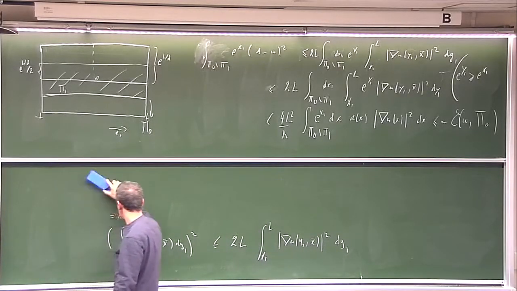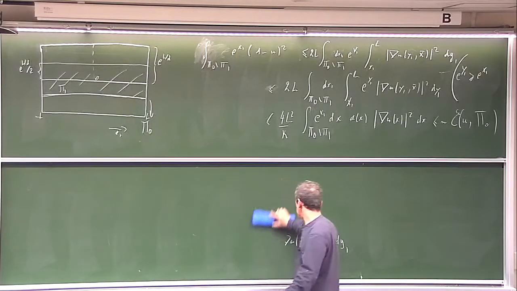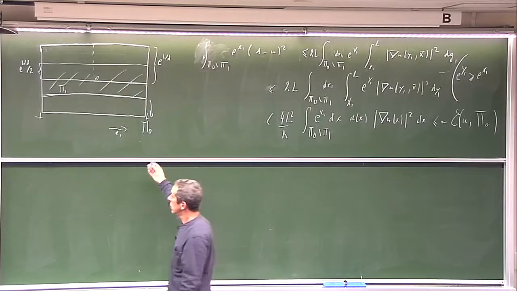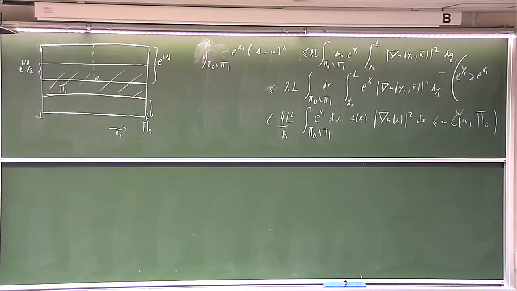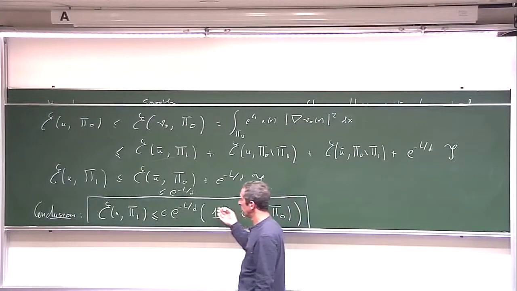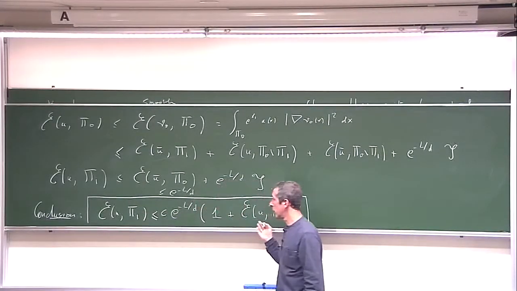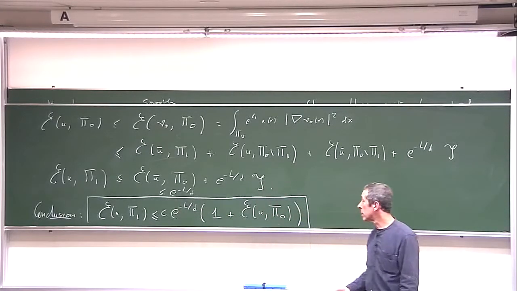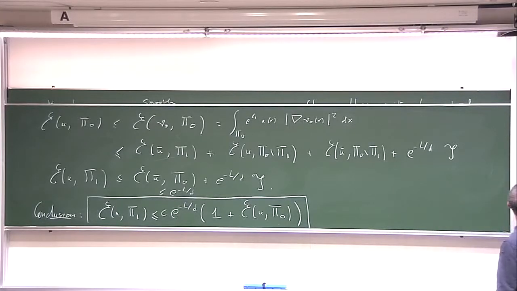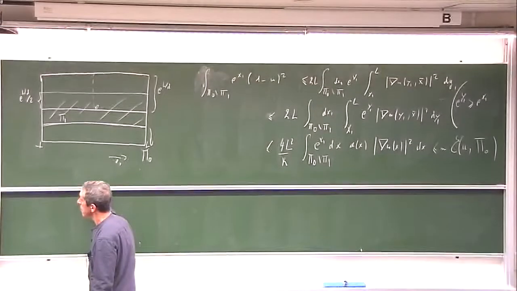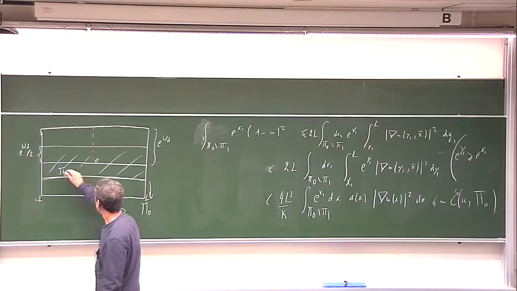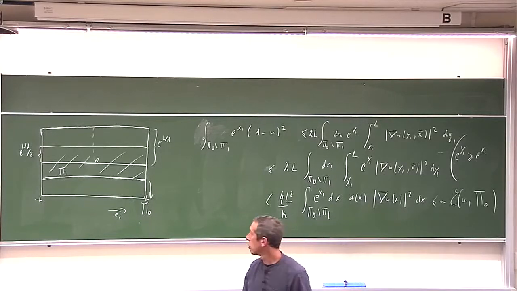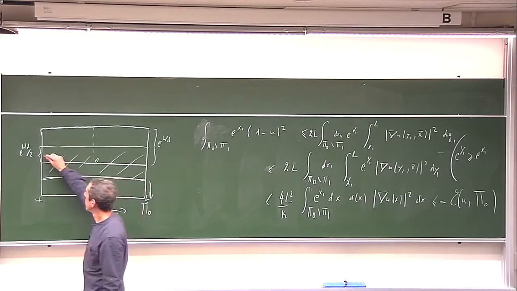Okay. Now what we do is just repeat this computation. So here we went from pi 0 to pi 1, and then we have a bound with this exponential term. So now we repeat the same computation, but we start from pi 1, and we do the same drawing, so we divide the length by 2.